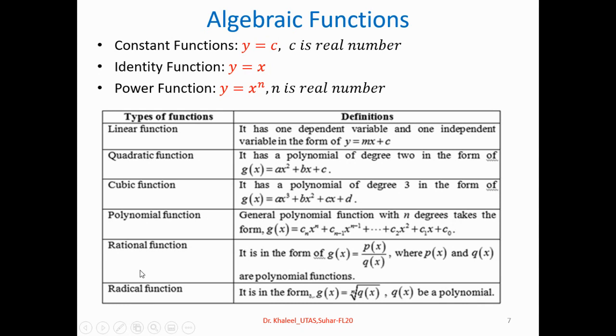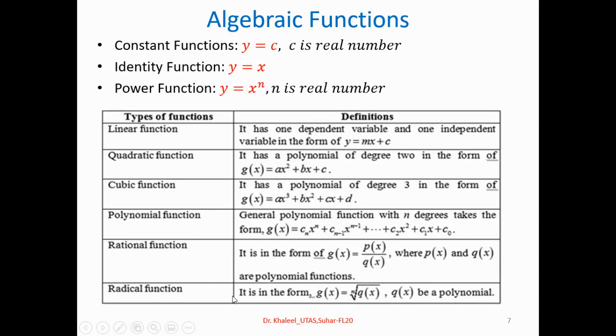Radical function. The only difference between the radical function and the polynomial function is that this n here, the power n, or the n minus 1, they are not fractions, they are positive whole numbers, right? So here you have to be very careful: radical function means that here q(x) is any polynomial and the power is a fraction.